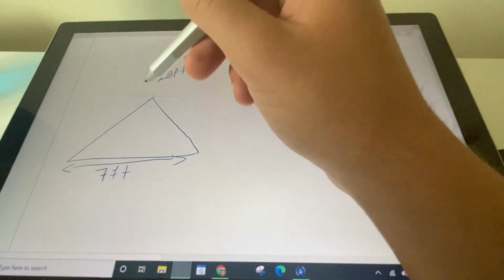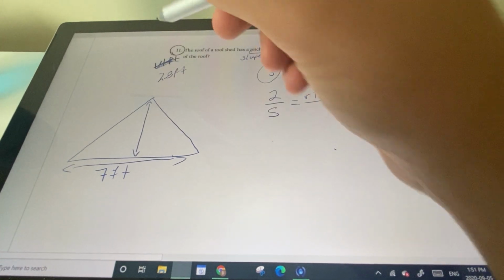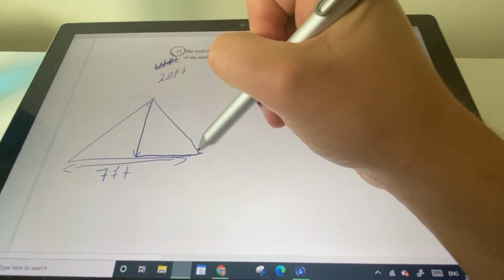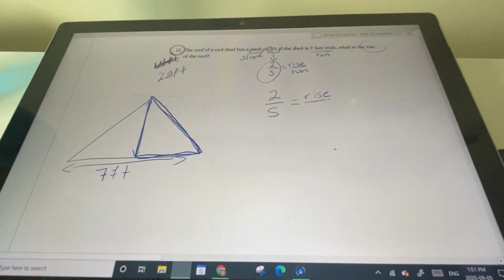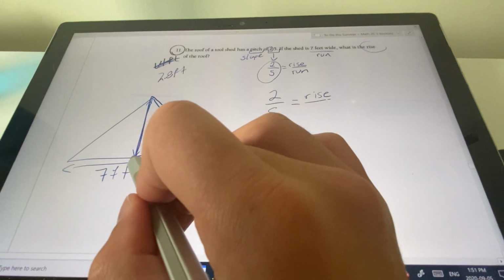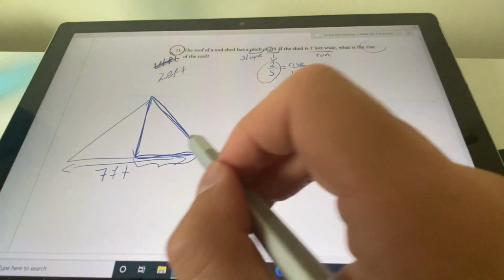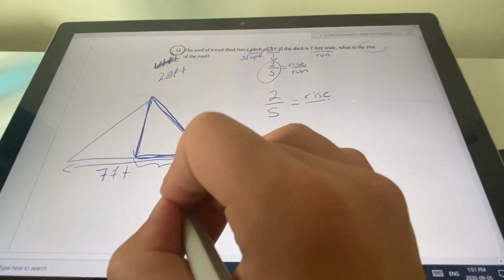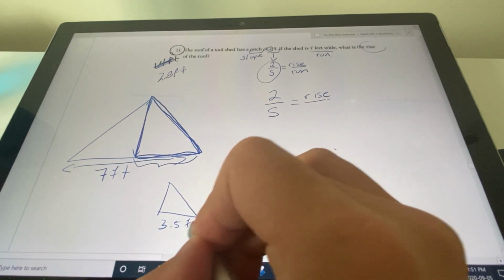They want you to figure out the rise here, but recognize we want a right triangle. So this is the triangle we're going to use to figure out how high this is. Okay, so that means this is actually half of 7. So 7 divided by 2 gives me 3.5. So our triangle we're dealing with is 3.5 feet.